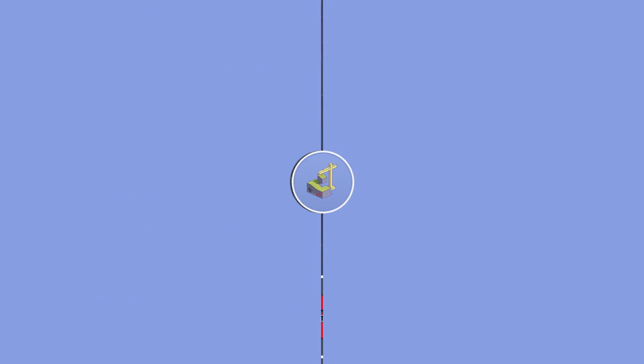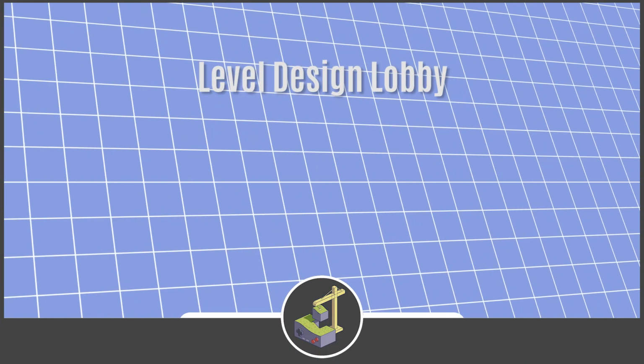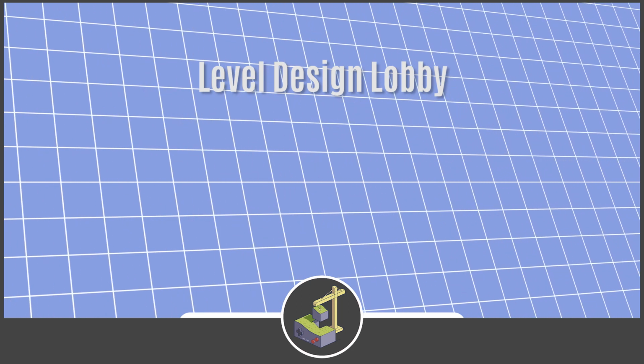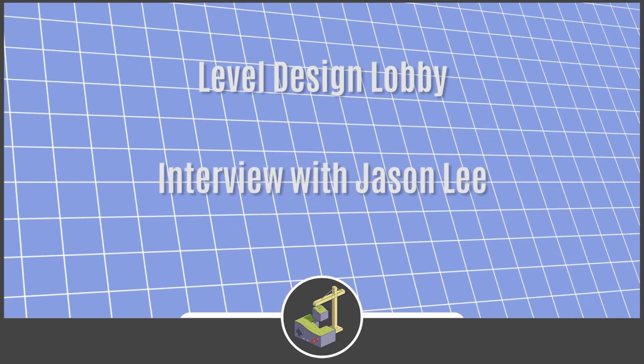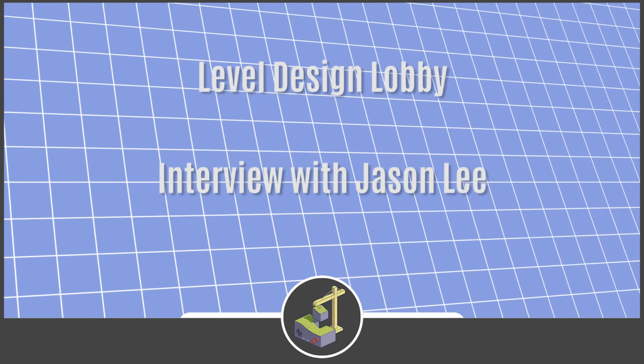The third one we'll go into before we do our little mid-advert break is going to be the shameless plug, but we do a lot of episodes on the Level Design Lobby, and one I think you can all check out and enjoy is the week where I get to sit down and talk with Jason Lee, who is Chief Creative Officer on Infinite Fleet.